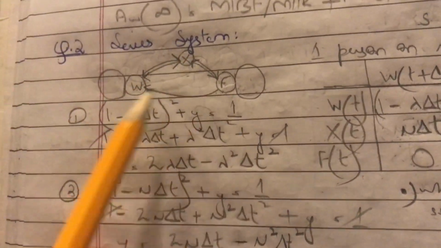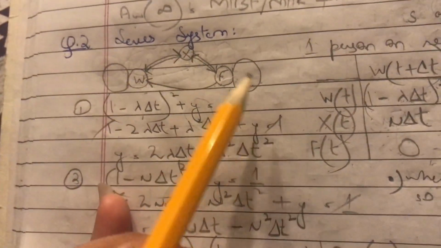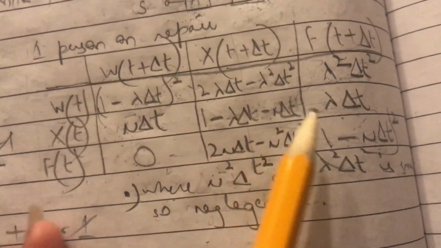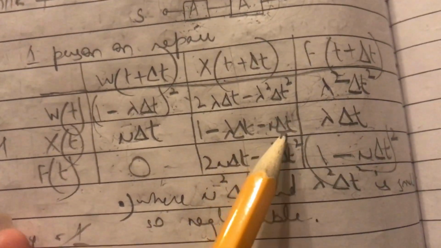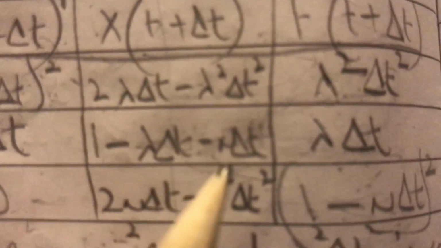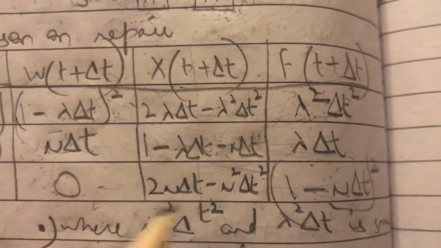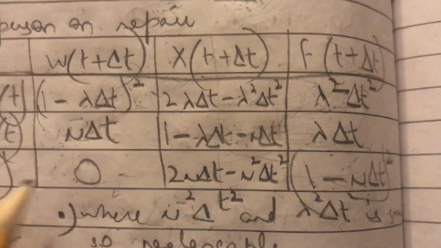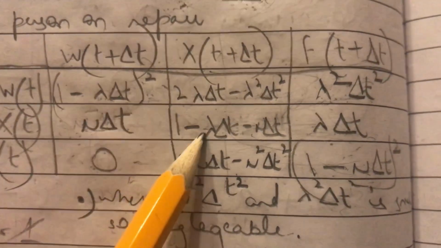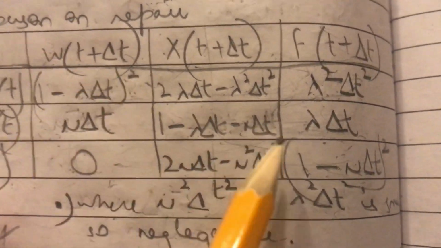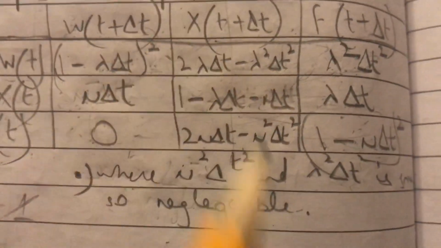So that's why it would be 1 minus lambda delta t minus mu delta t. This is mu, you can see that. Yeah, it zooms clearly, it's not blurred. 1 minus lambda delta t minus mu delta t. Sorry for my writing, it's a little weird.